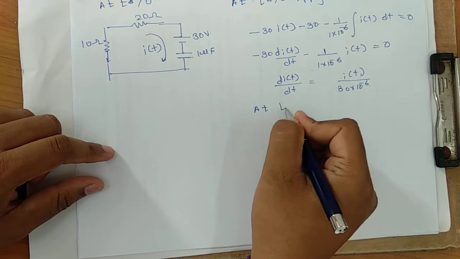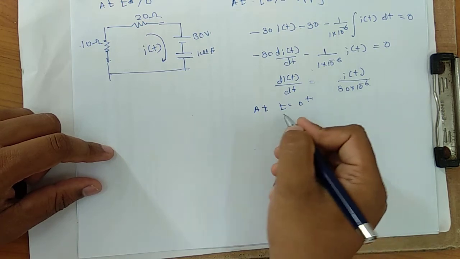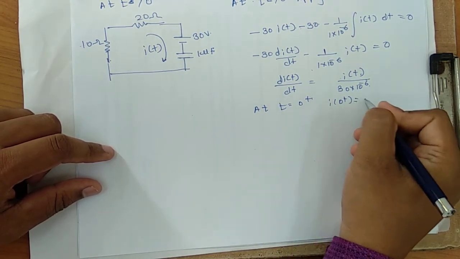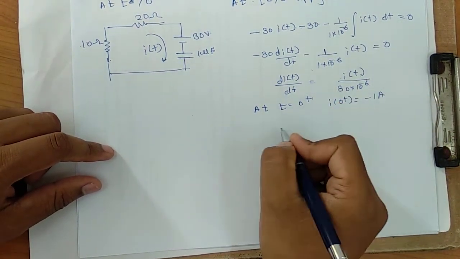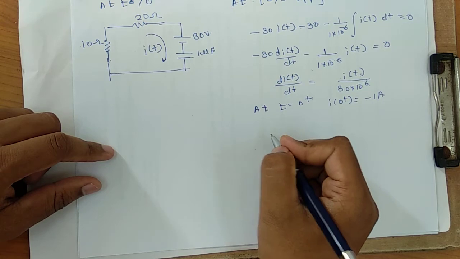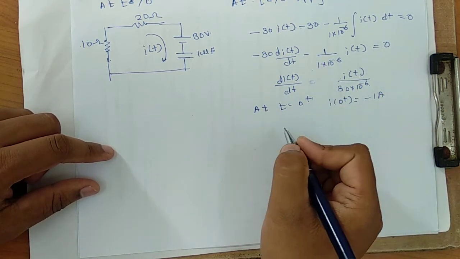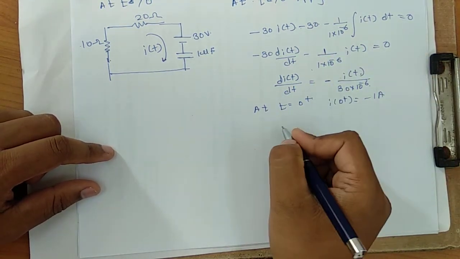Now at t is equal to 0 plus, I of 0 plus is minus 1 ampere. We have calculated it. So I of 0 plus is minus 1 ampere. This should be a minus when it goes to the right hand side.